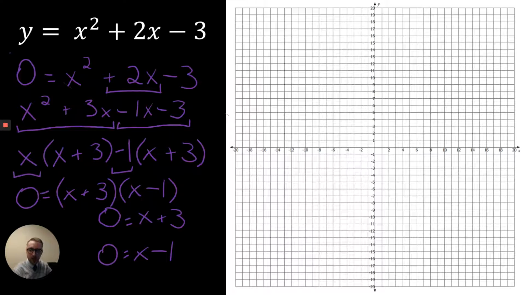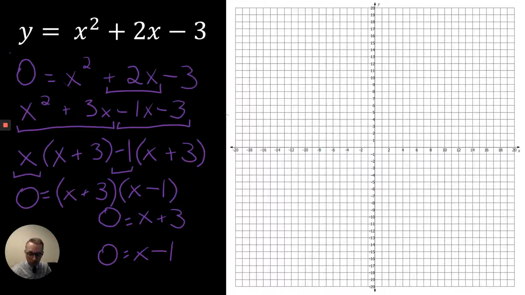And I want to do that because I'm taking these two binomials and I'm multiplying them together. And this is telling me the answer is 0. If I multiply together these two binomials, it's going to equal 0. The only way that that happens is if one of those binomials actually equals 0. So I'll take both of those binomials and I'll just set them each individually equal to 0. And then I'll solve for x.